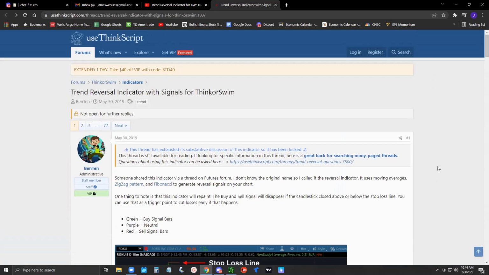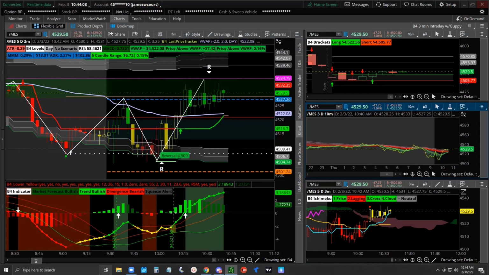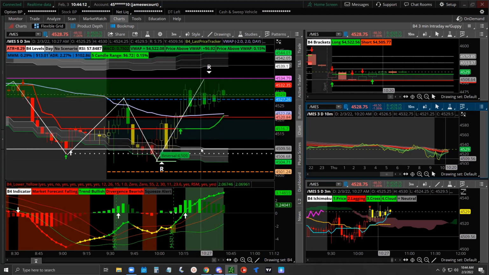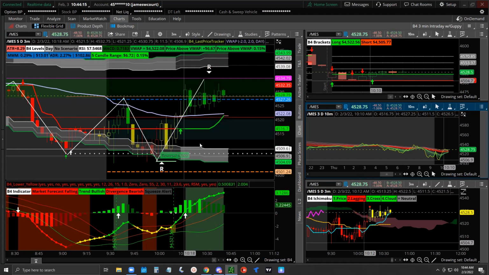And if we do close above that, then we're going to try to close the gap. The shallow gap closes here, and then the actual gap closes with the body at the close of yesterday. But it's just struggling right now.